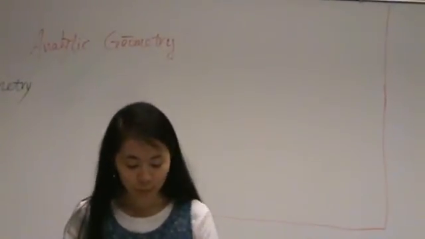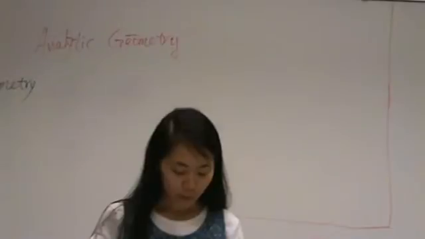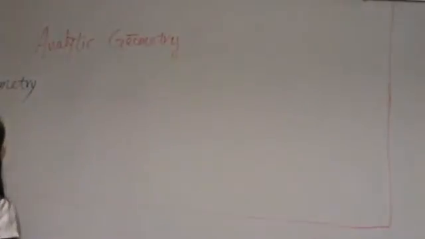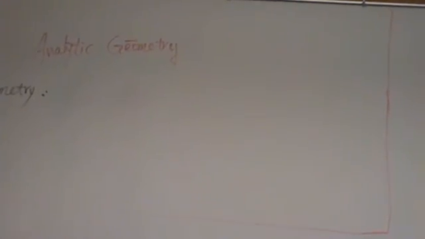For example, a parallelogram and square, rectangle, and a triangle and a circle. Okay. And actually, the simplest graph or figure we learn in geometry is what? Point, right?